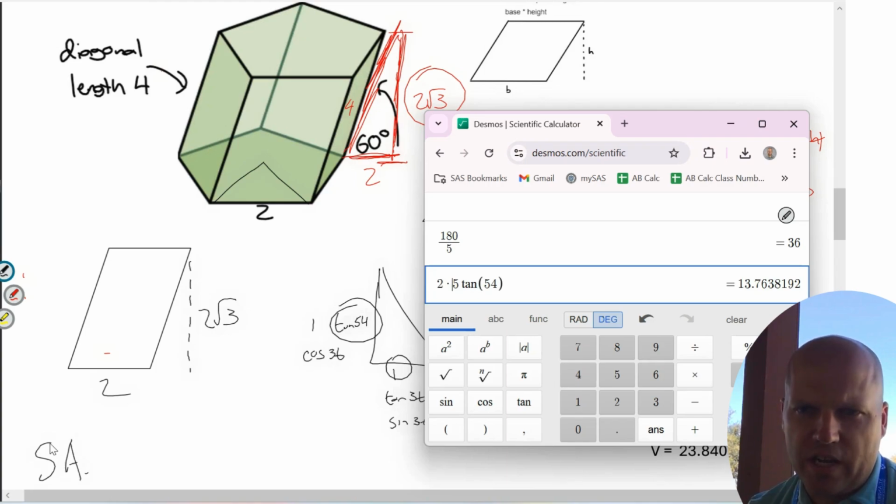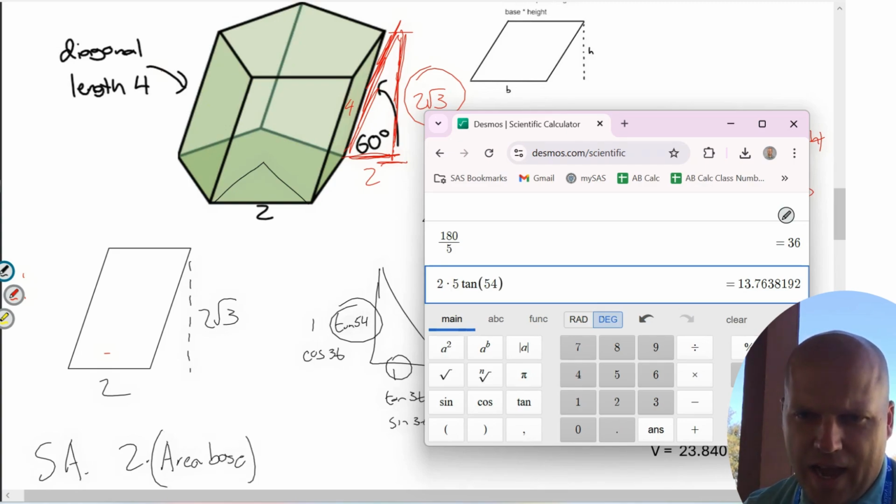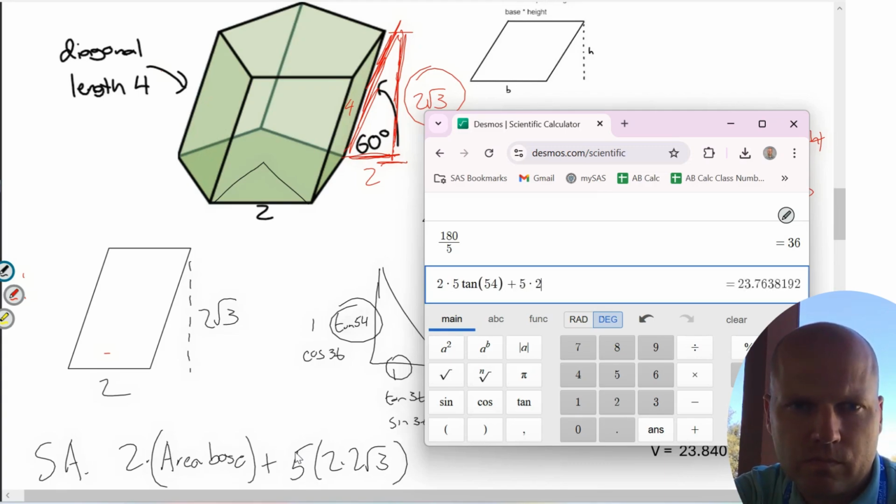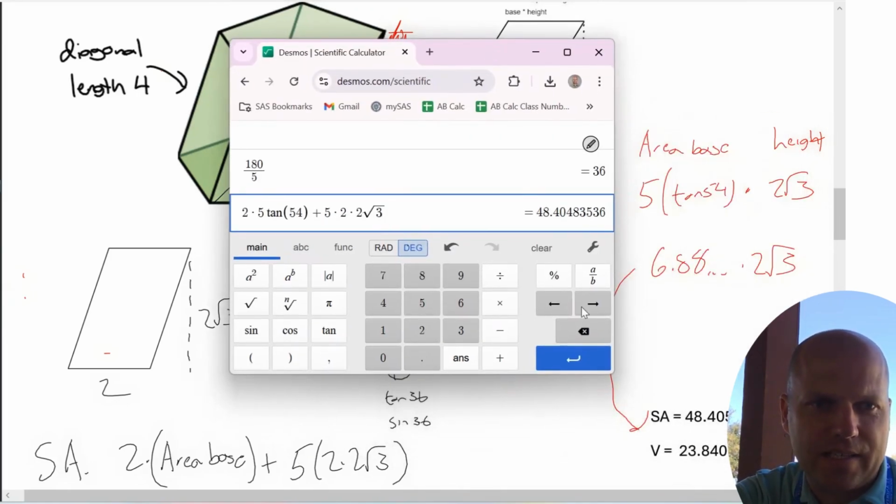So my surface area is 2 of the areas of the bases, which I found. And then I have 5 of these 2 by 2 root 3s. And that's how I get the 48.405.